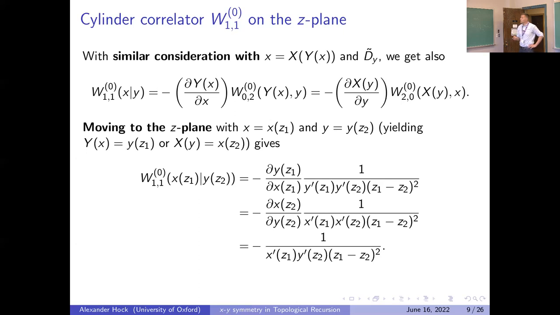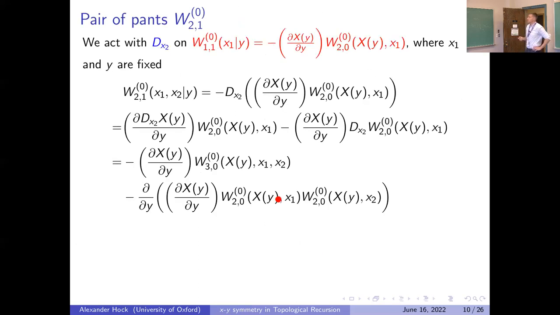But we can go even one step further. Let's compute the pair of pants contributions. So 0, 2, 1. We act with dx2 on the previous expression, which yields on the left-hand side just W021. So you add another x here. And on the left-hand side, it commutes with the derivative with respect to y.